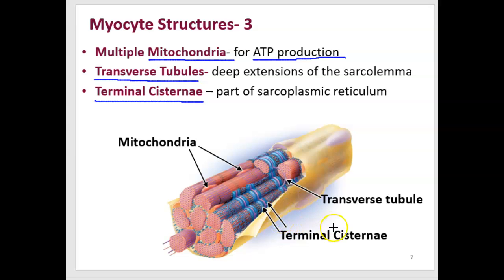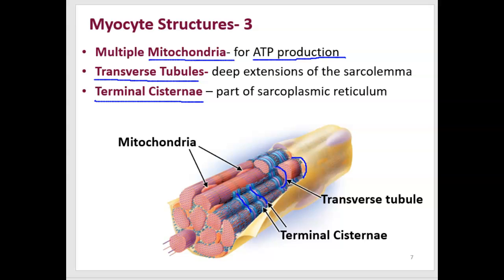I don't know why. But the transverse tubule, you can see here, kind of comes up and attaches to, or is really part of, the sarcolemma. And it's repeated throughout the cell.